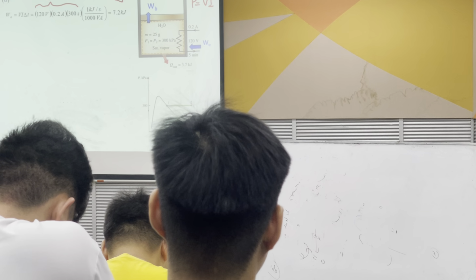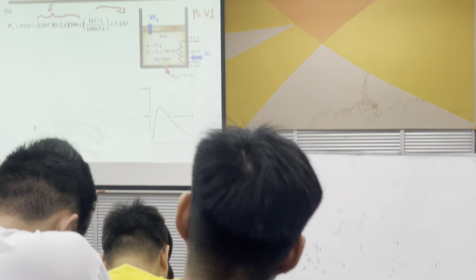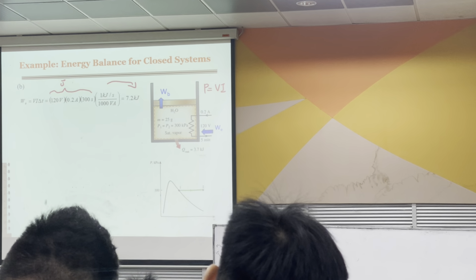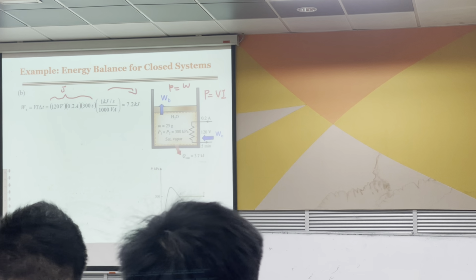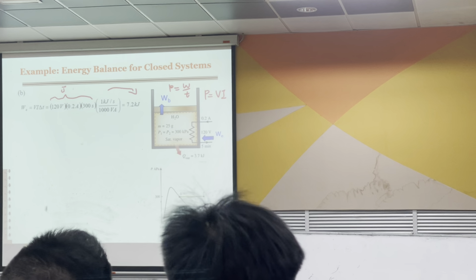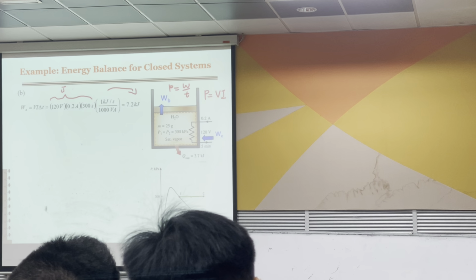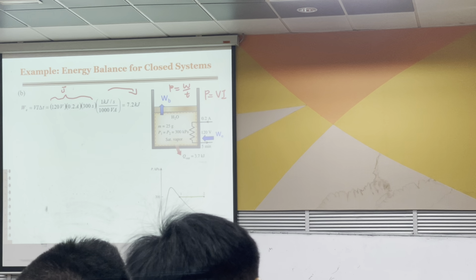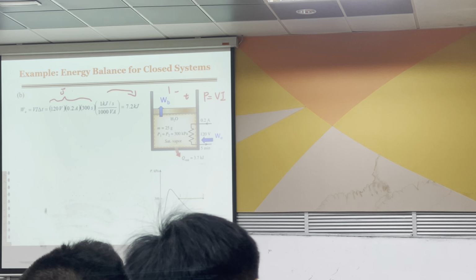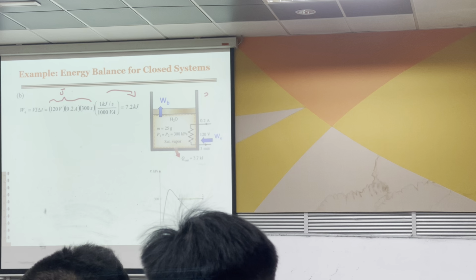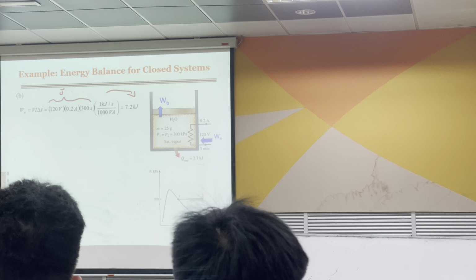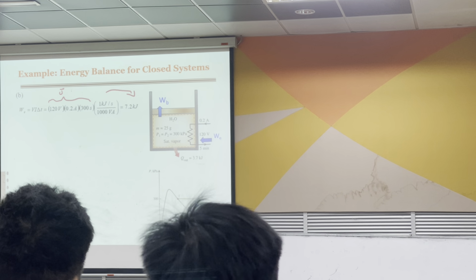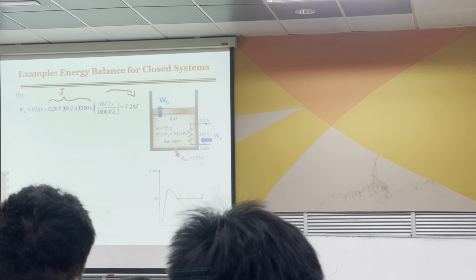Power is work over time, so W is VIT. This is actually P equals VI. Better learn this. Anyway, so here we get the electric work.